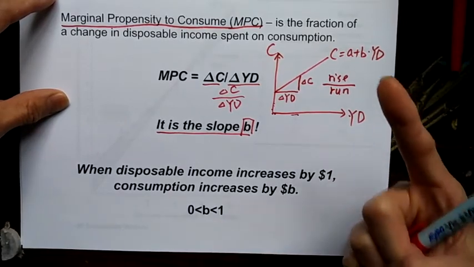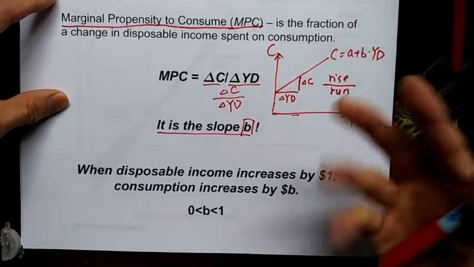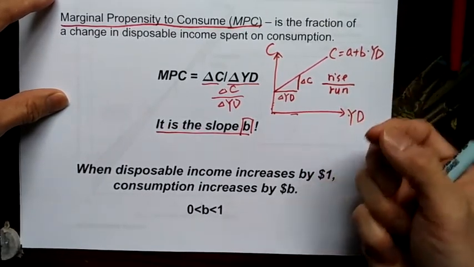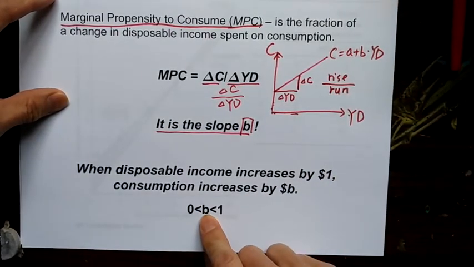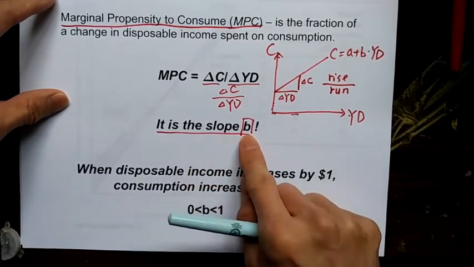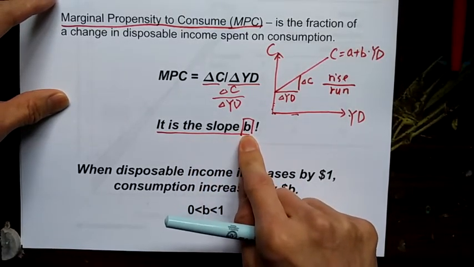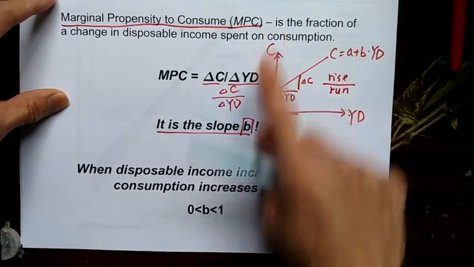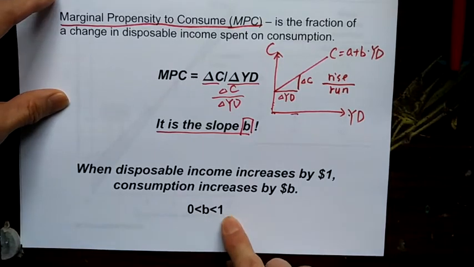If I give you $1 extra, you cannot spend more than this $1, and you spend a positive number of this dollar, a few cents. Therefore, the slope of the consumption function, or the marginal propensity to consume, must be between 0 and 1.